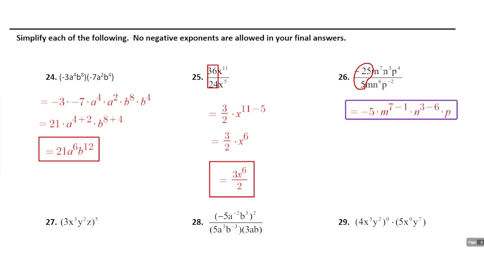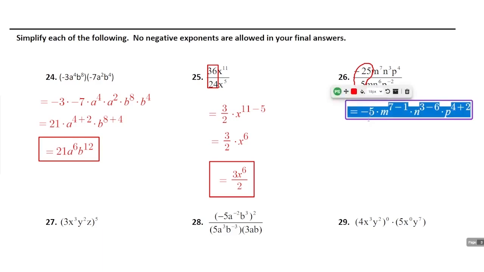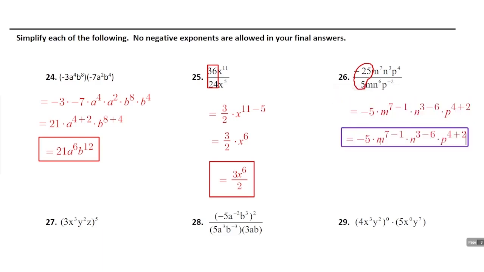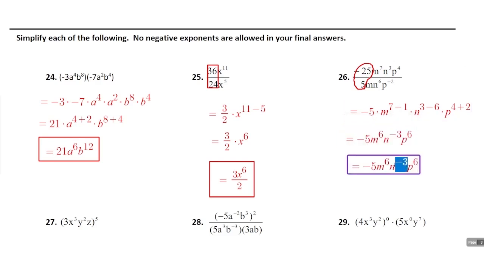P to the power of 4 minus negative 2, which would be equivalent to 4 plus 2. So here I have negative 5 times m to the 6th times n to the negative 3rd power times p to the 6th. I'm not supposed to have any negative exponents here, so I'm going to rewrite this, but with this n cubed in the denominator.